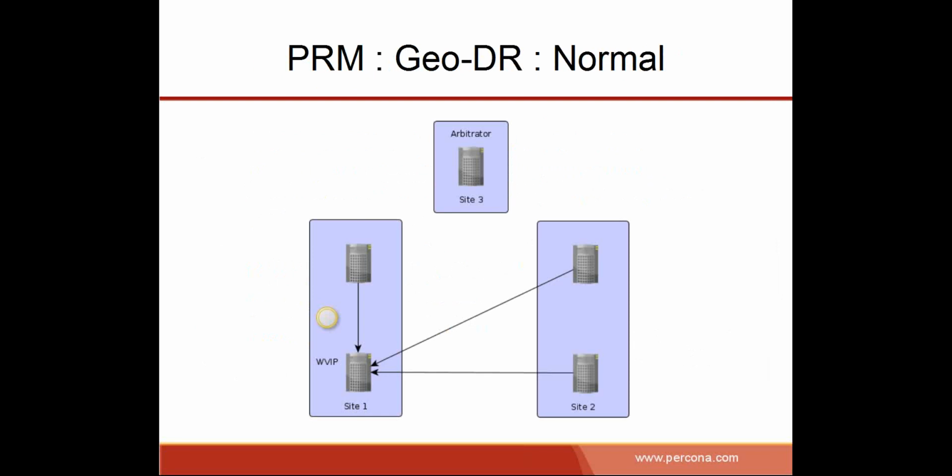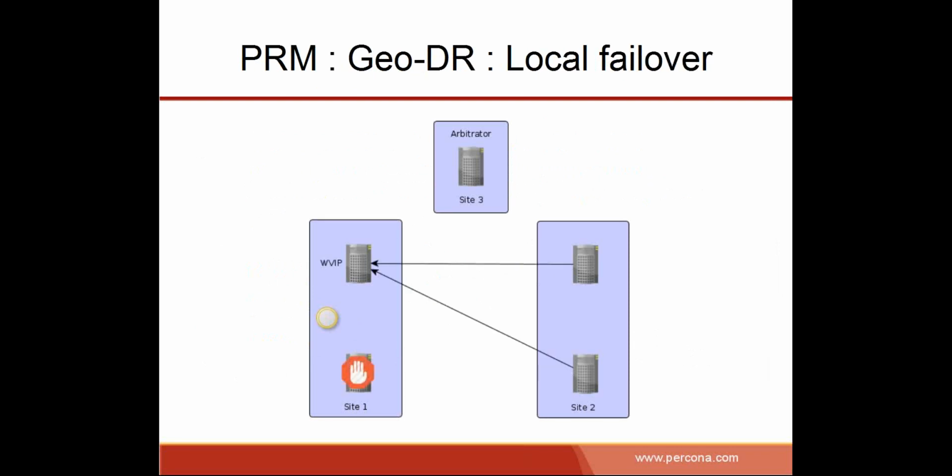All the other servers are slaves of that node. What happens if it dies? Simply, Corosync and PRM on site 1 will promote the other server to be the master, and the servers in site 2 will discover there's a new master and reconnect to the new one.